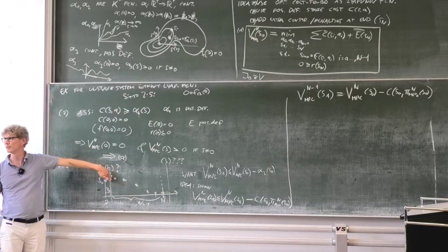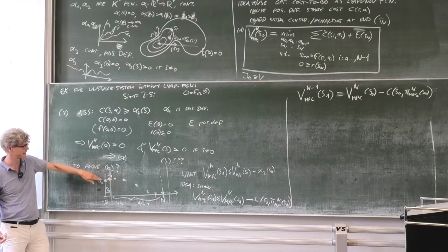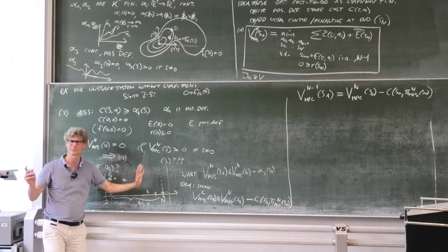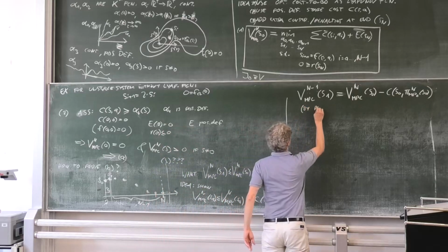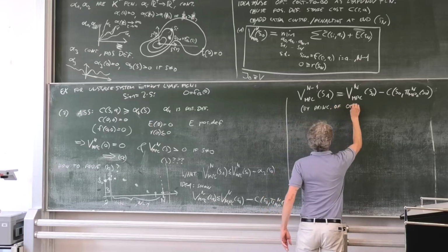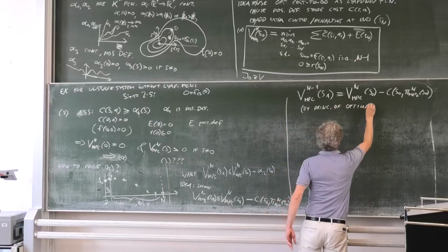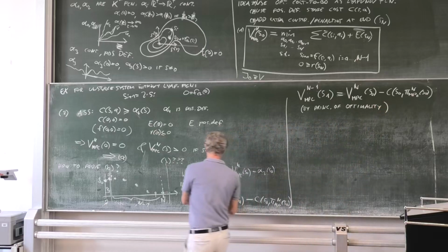So that's what I know from the principle of optimality, that it must, by definition, if this was optimal, then the subarc must be optimal as well. That's what by the principle of optimality. So in that sense, we are close to what we want to have. But it's not exactly what we have, right?